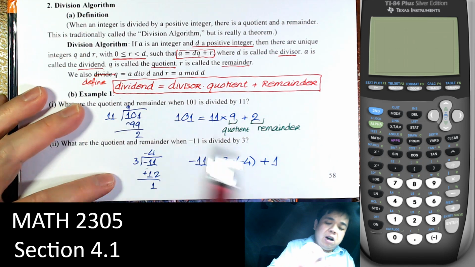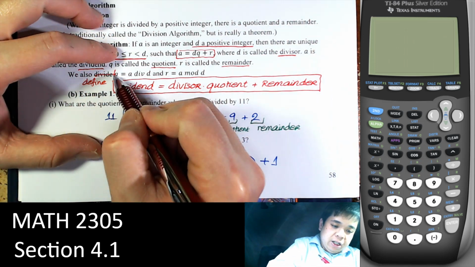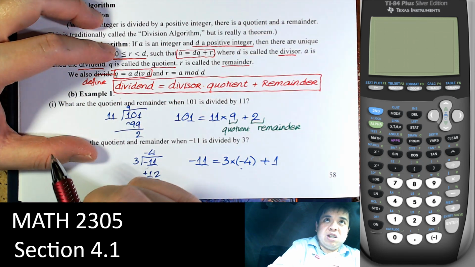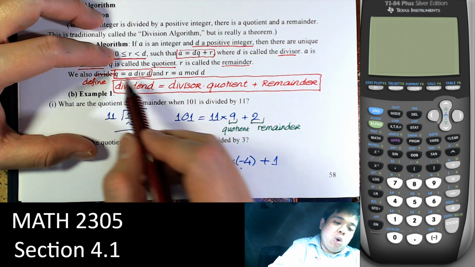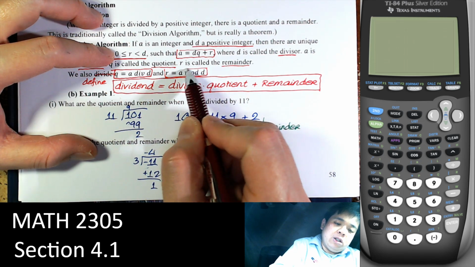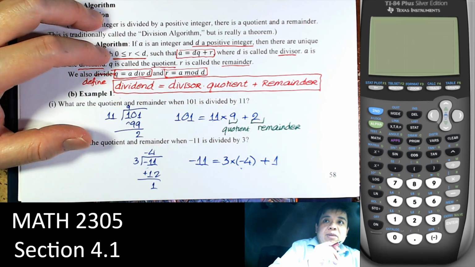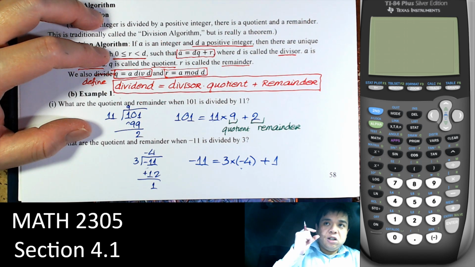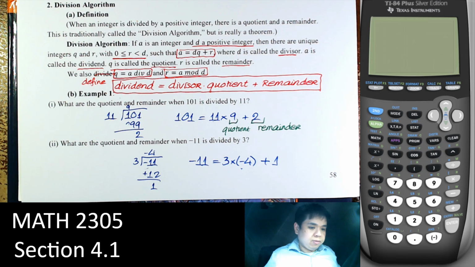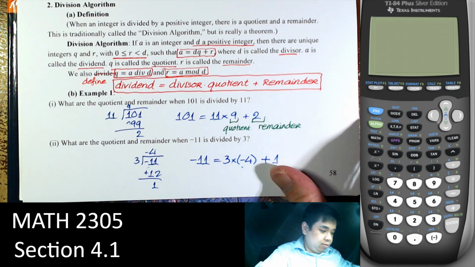There are two types of division very common in calculators. The first one is called div, which is divide, and that will give us the quotient, and mod will give us the remainder.